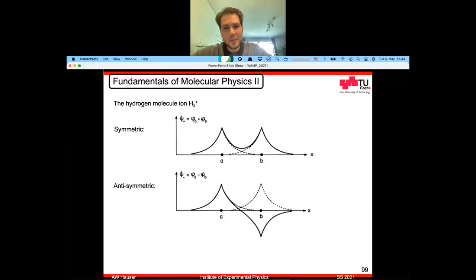So this is a state where the electron is mostly, or has a probability of being located between the two positive charges.